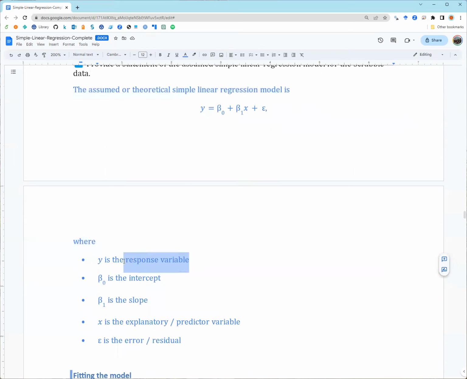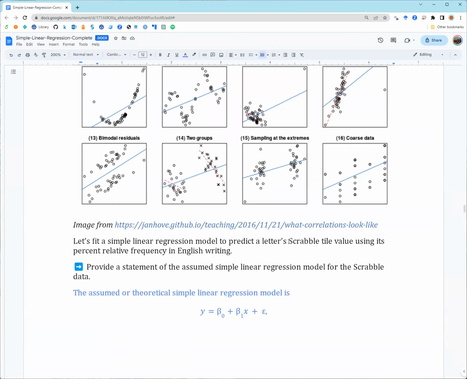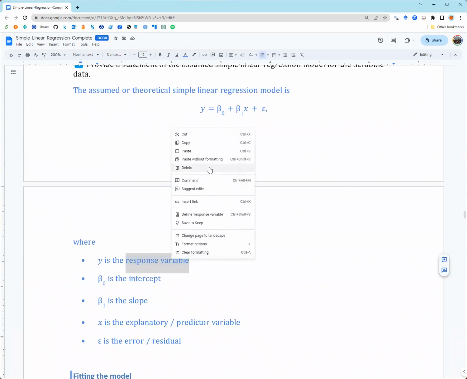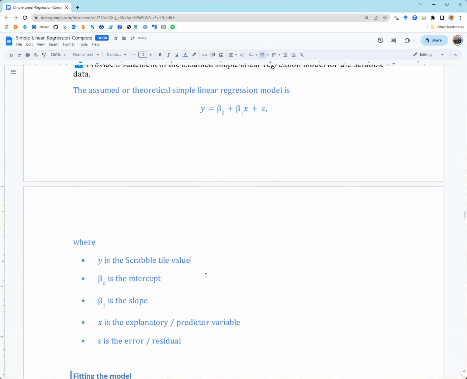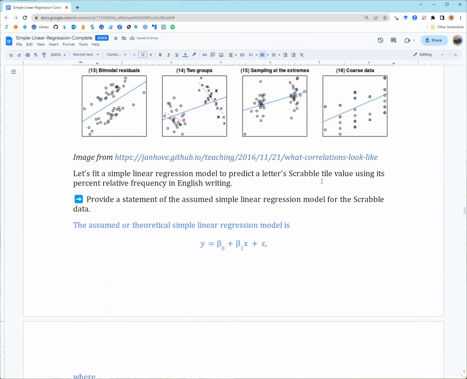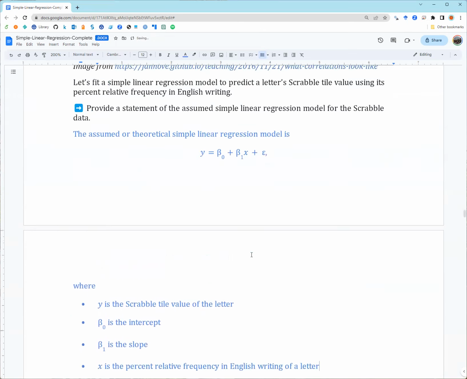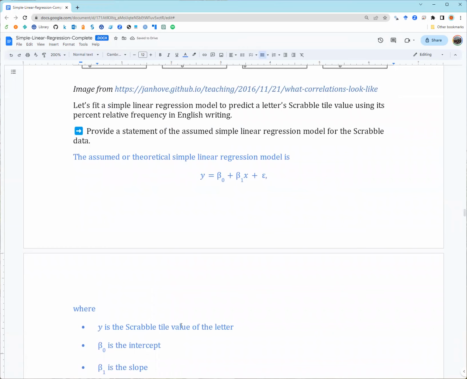So here our response is the Scrabble tile value of the letter, and X is the percent relative frequency in English writing of the letter. Okay. So that's how we can give a formal statement of our theoretical simple linear regression model.